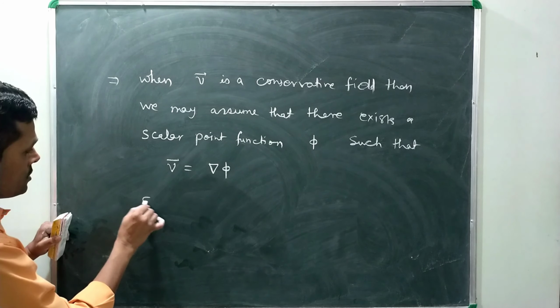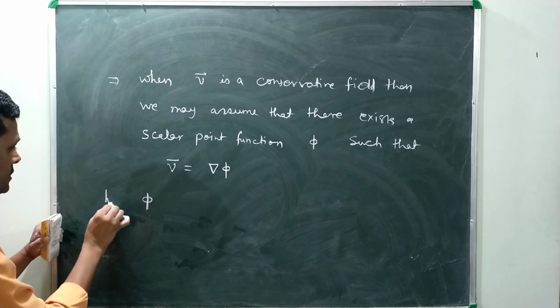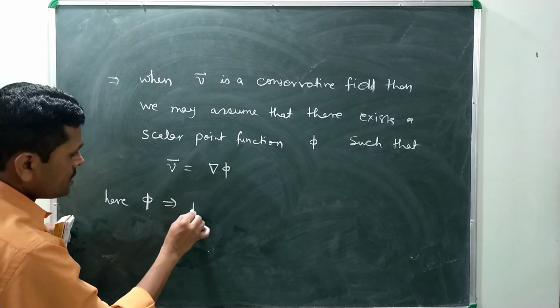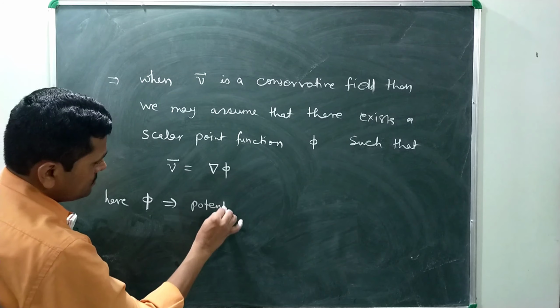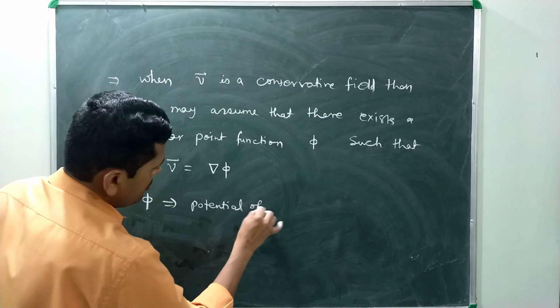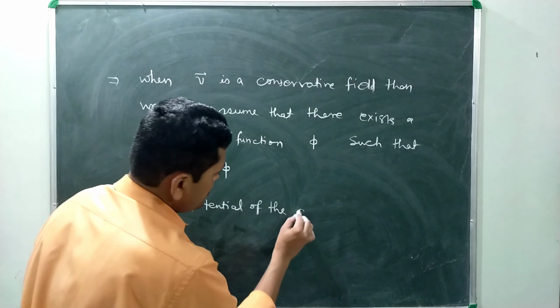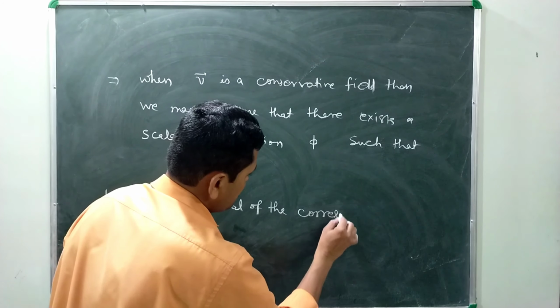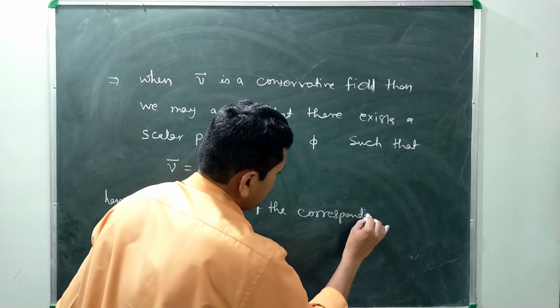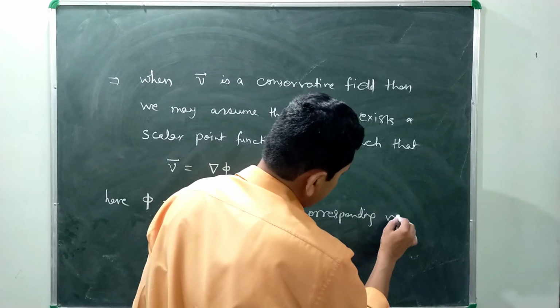This phi here is known as potential of the corresponding vector field.